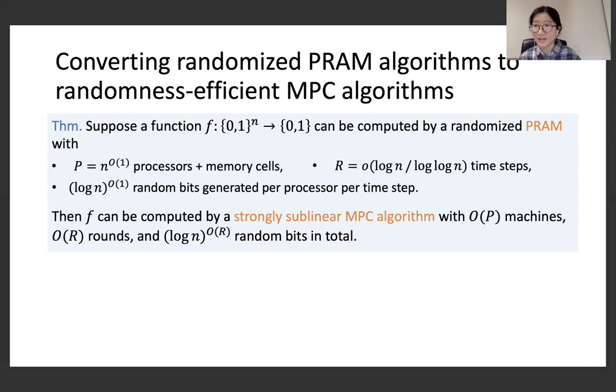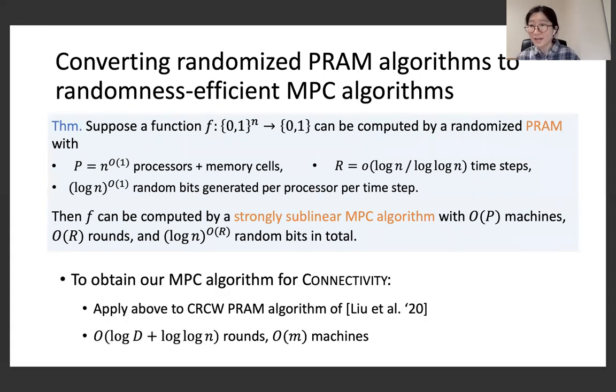Then we show that f can be computed by a strongly sublinear MPC algorithm that preserves the number of machines and the round complexity while only using a total of log n to the O of r random bits. Our framework applies to all versions of PRAM algorithms, in particular the strongest CRCW PRAMs.